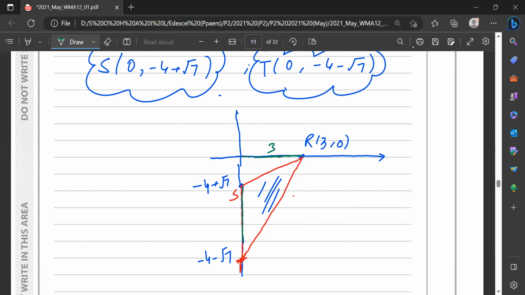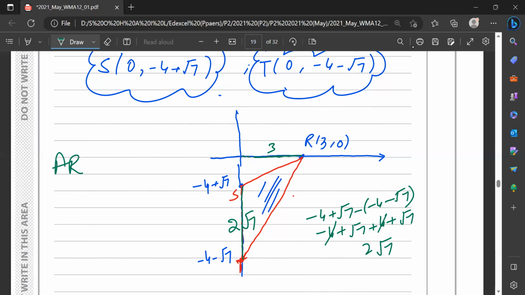You can find this length: it is basically the difference of the two, minus 4 plus root 7 minus minus 4 minus root 7, which is minus 4 plus root 7 plus 4 plus root 7. This gives 2 root 7. So this length is 2 root 7.